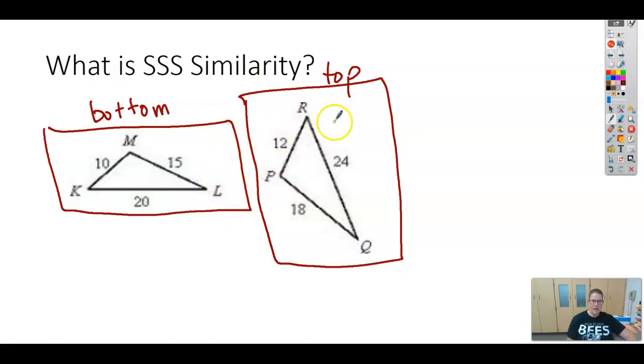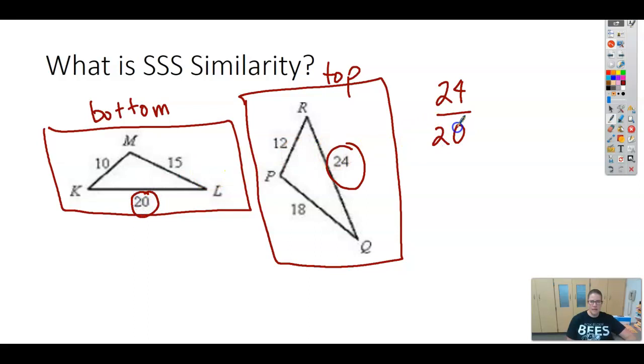Now I see in this triangle here, QRP or PRQ, the longest side is 24. So that's going to go on the top of my ratio. I'm going to compare that to the side in the other triangle that's the longest, and I see that the longest side here is 20.